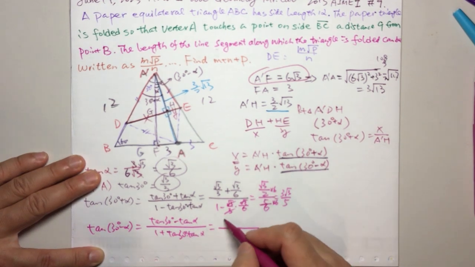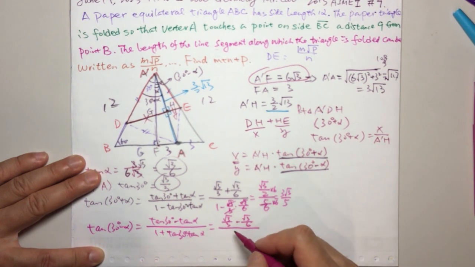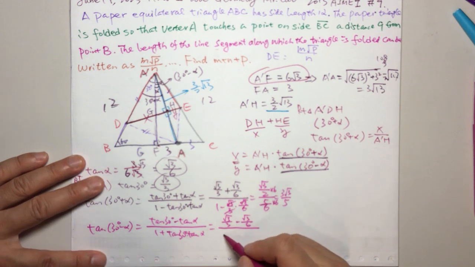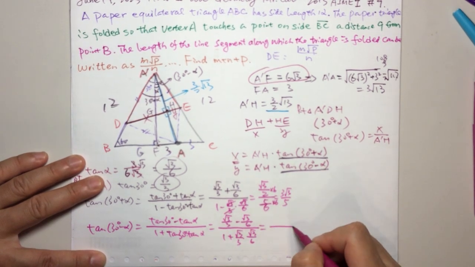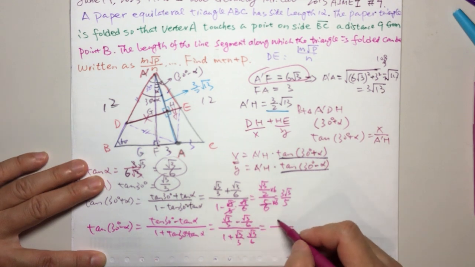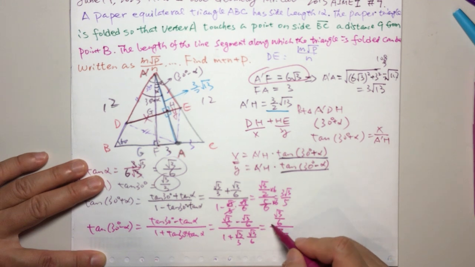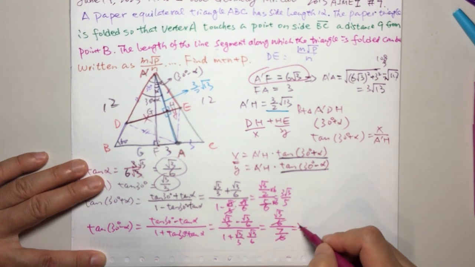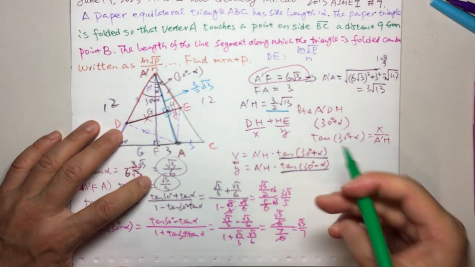So it is square root of 3 over 3 minus square root of 3 over 6, over 1 plus 1/6, which is 7/6. That gives 7 square root of 3. Okay, now we can go ahead for this one.